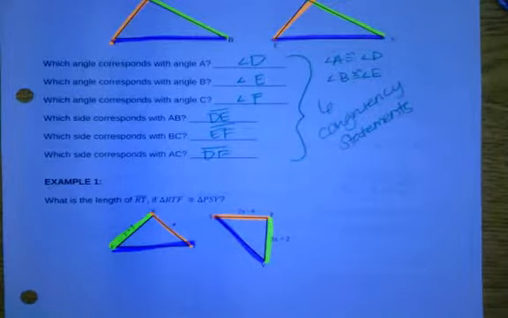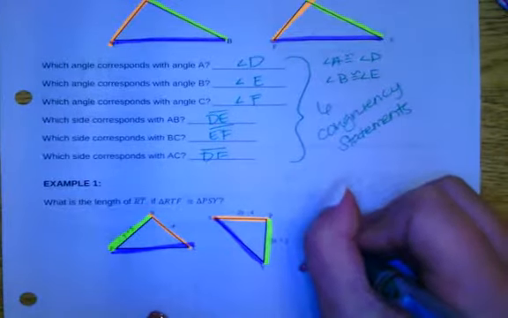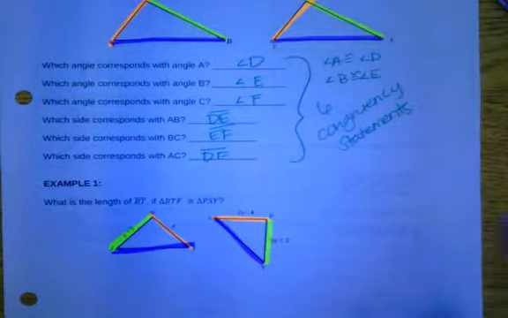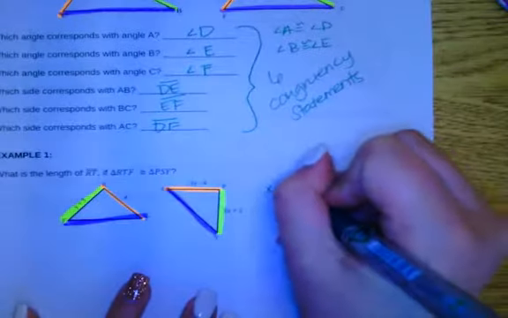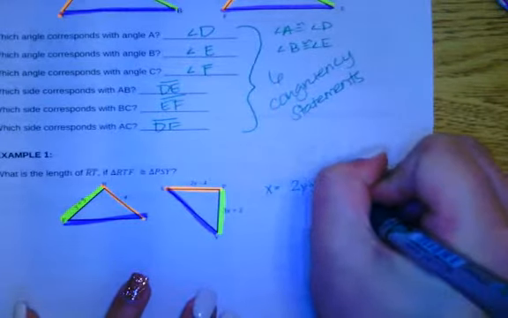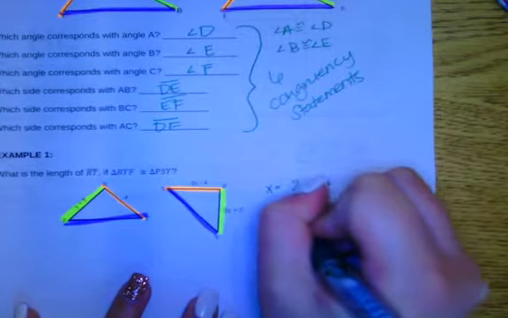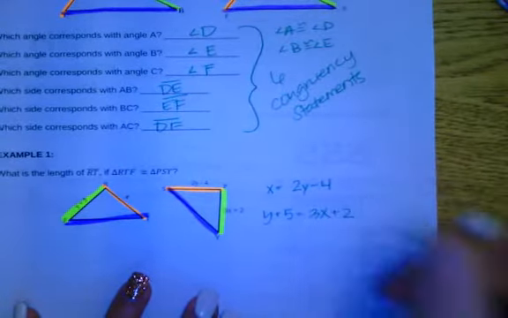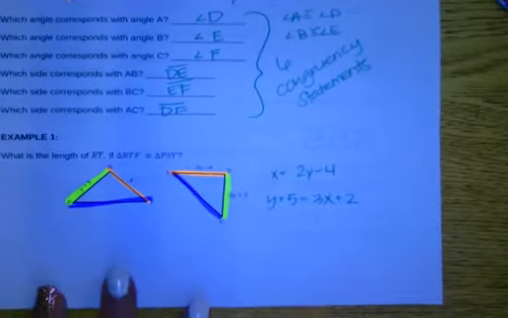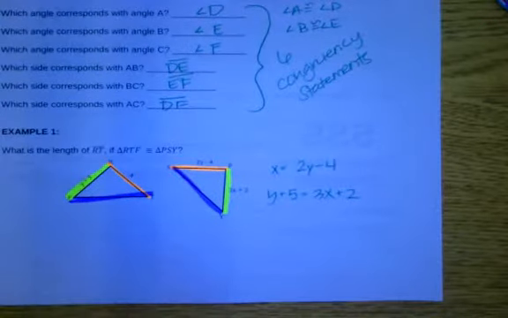Okay, so we need to set up our proportions. If I have our equations, what do I know that x equals? 2y minus 4. What do I know y plus 5 equals? 3x minus 4 plus 2. Very good. Okay, so I can either solve a system or just substitute in. What do you want to do? Just substitute.